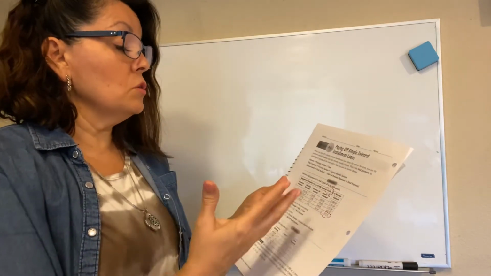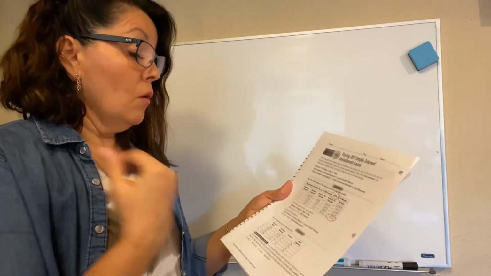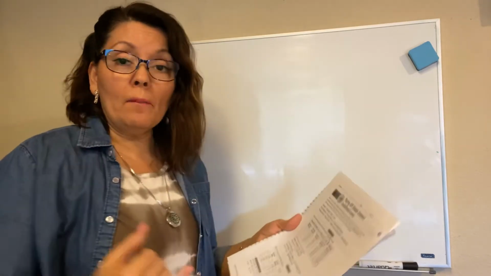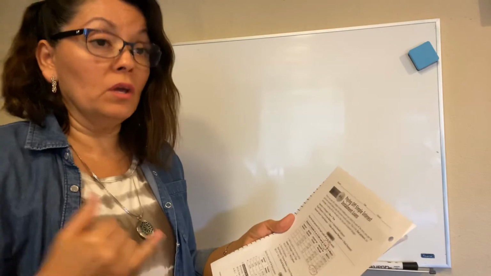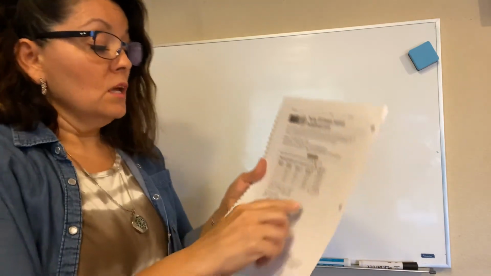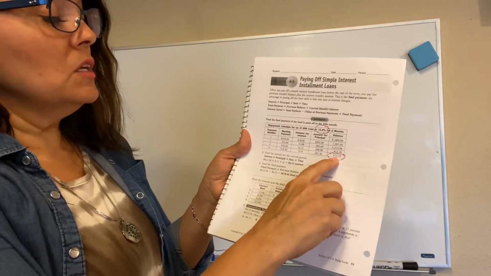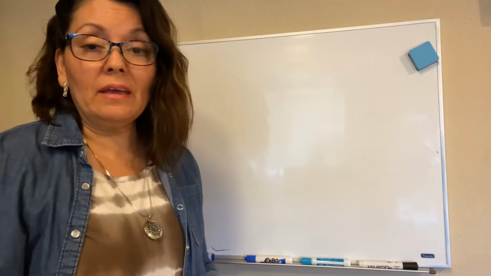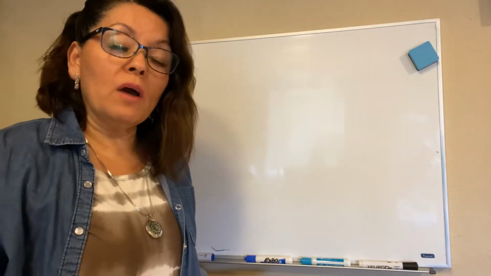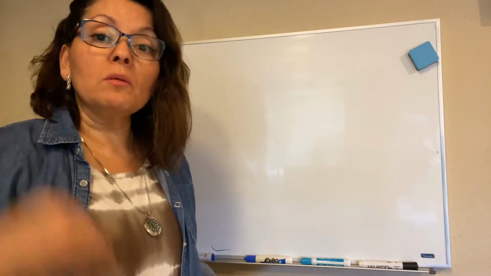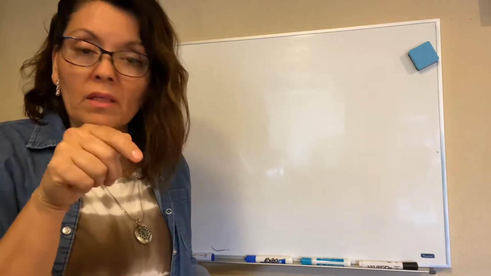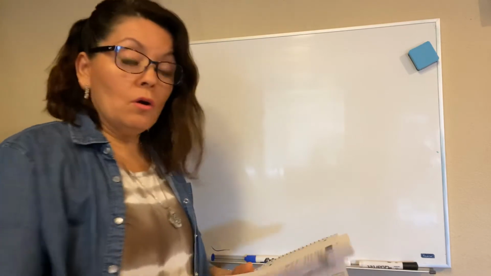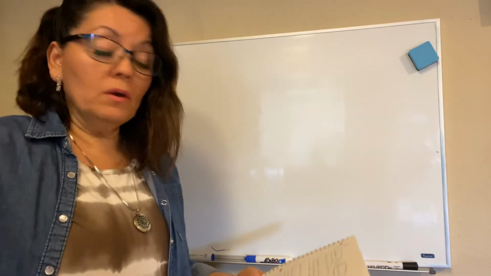So we're going to find out what is the 5th month, or at the end, how much he's going to pay of interest. But now he owes $612.34. So he's going to pay that amount. So we need to find that amount plus the interest of that month. Okay? So how are we going to do that?